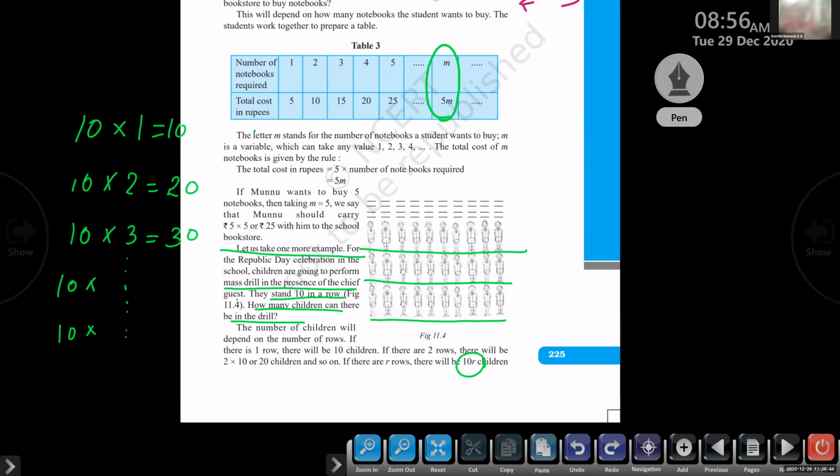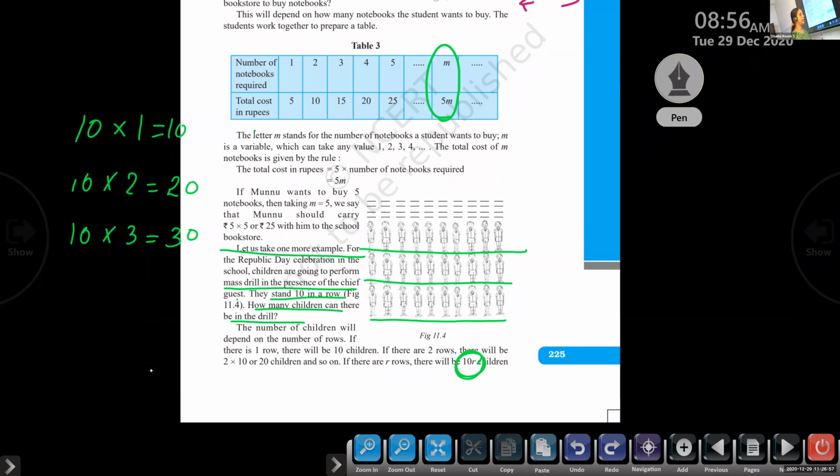Here, can you see this? Can you tell the rule of how you will write it? Is it 10n, 10m, anything? Yes, any variable. Here it was taken as 10R. Any variable you can take, no? Yes, ma'am. So total children is 10R.